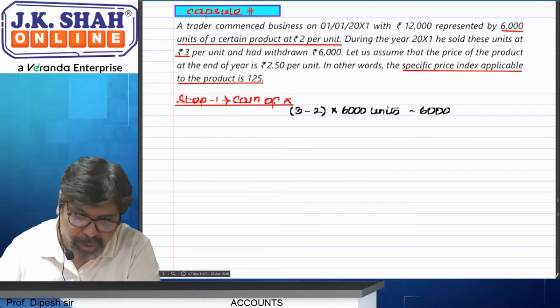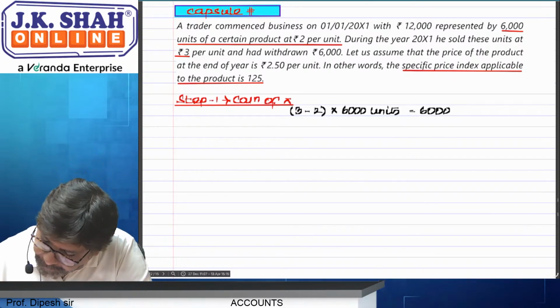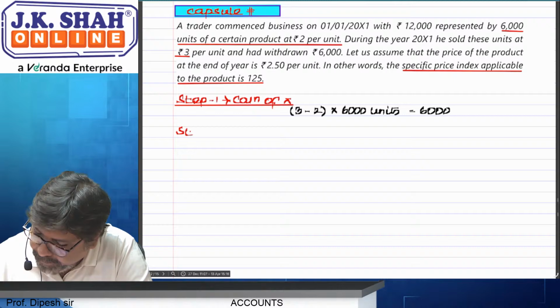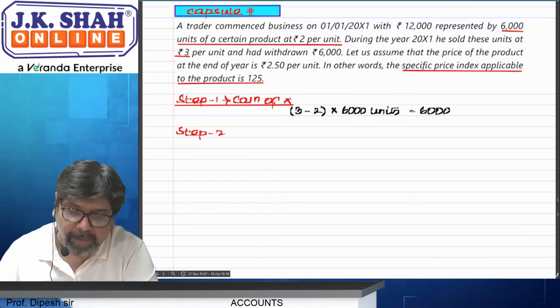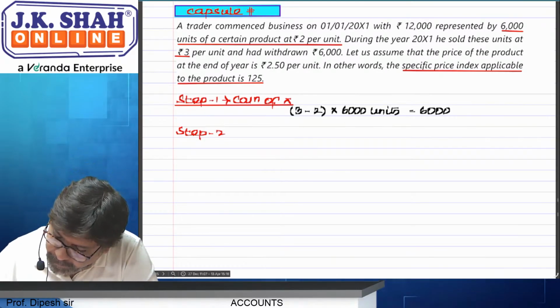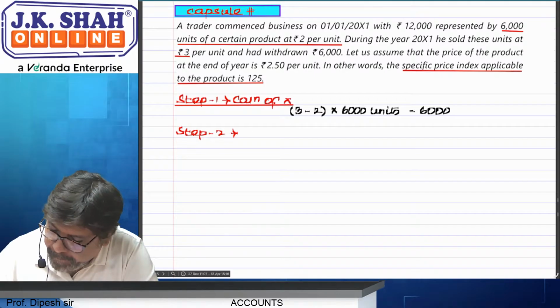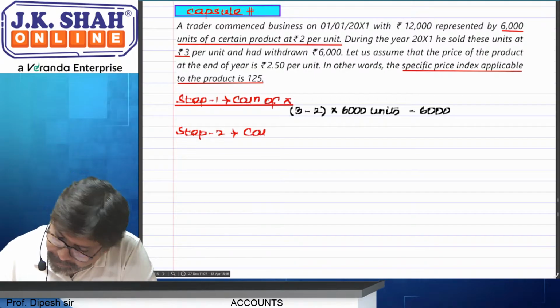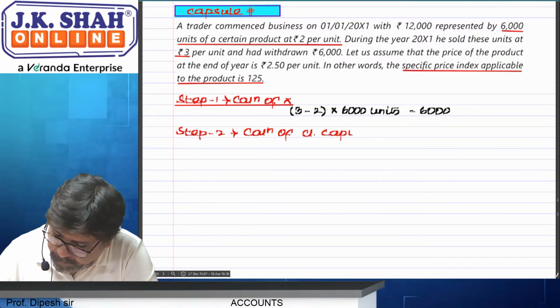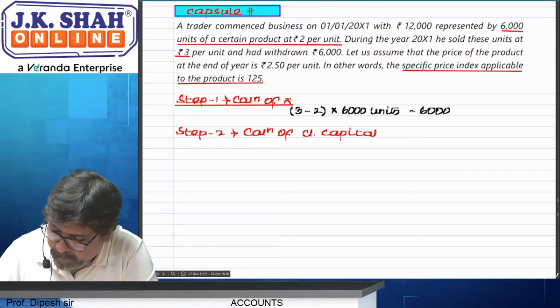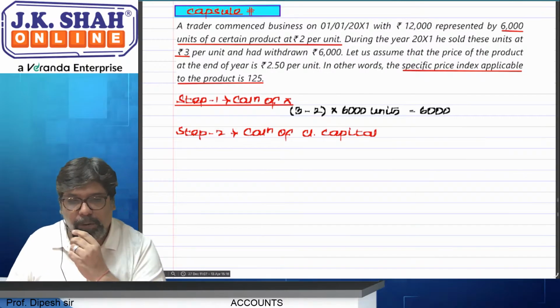Now, step 2. Calculation of closing capital.